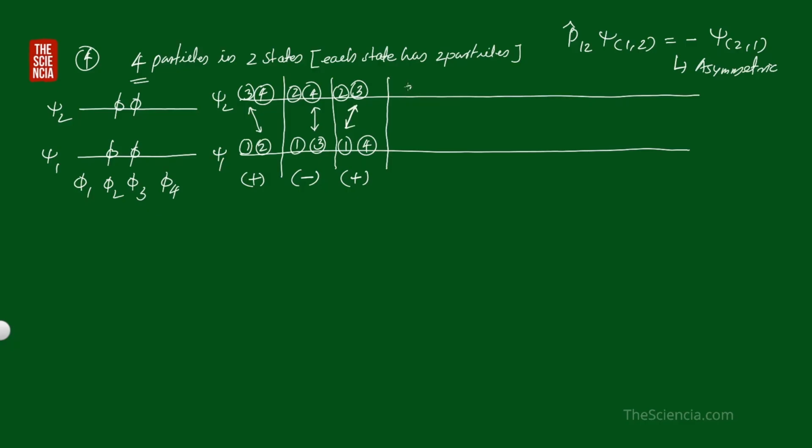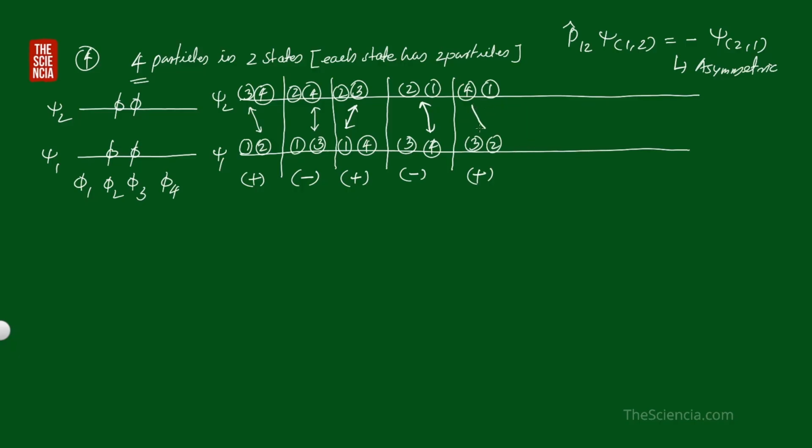That is 2, 1, 3, 4. So I got a negative sign. Again I am interchanging 2 particles. That is, I am taking 4 and 2. So 3, 2, 4, 1. See, it becomes plus.